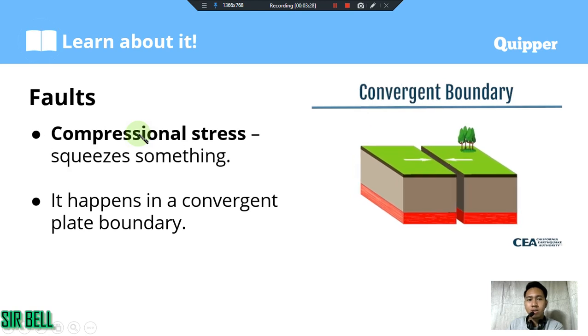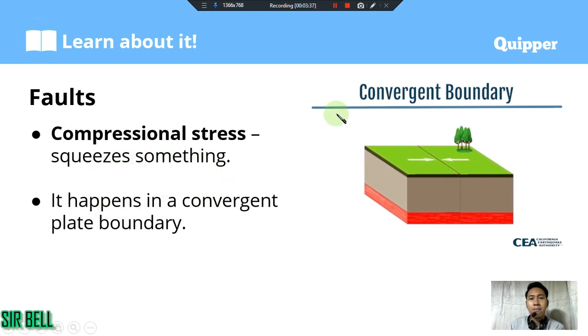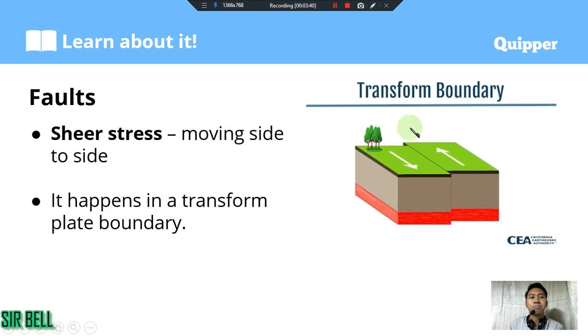Now the second one is compressional stress. If you can see on the picture, they're moving toward each other, or it squeezes something, and it happens in a convergent boundary. And the last type of movement is what they call shear stress.